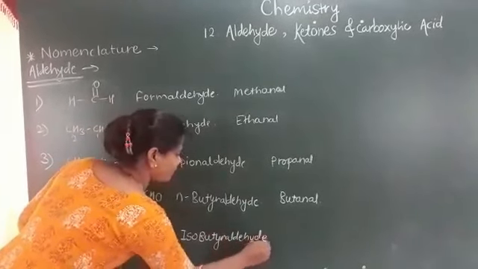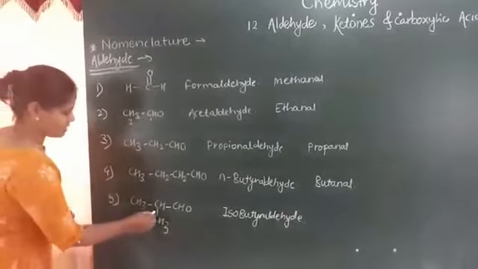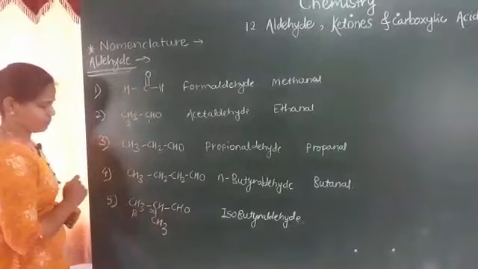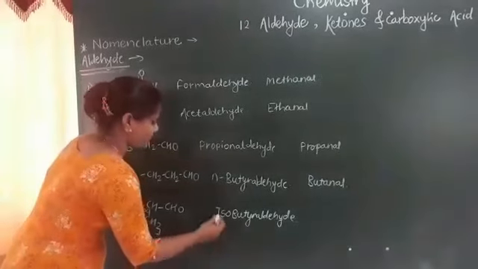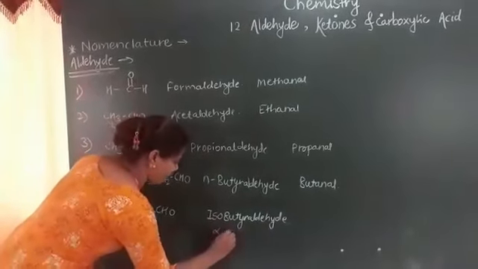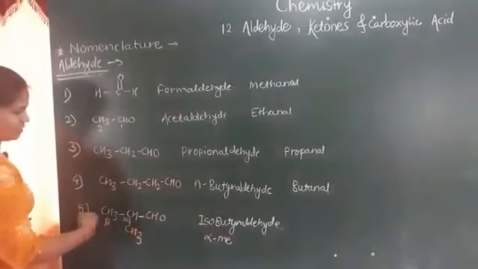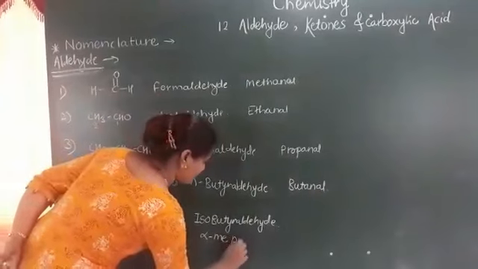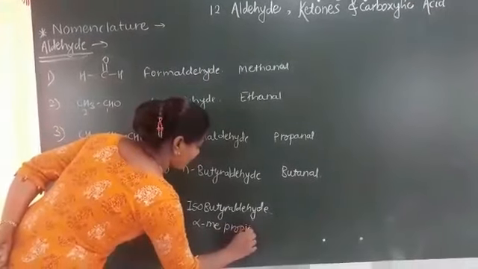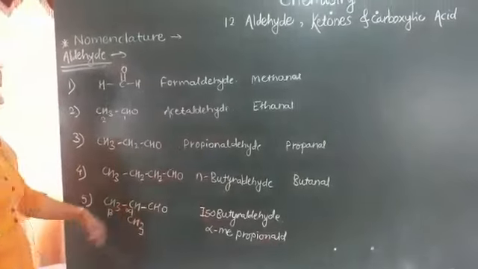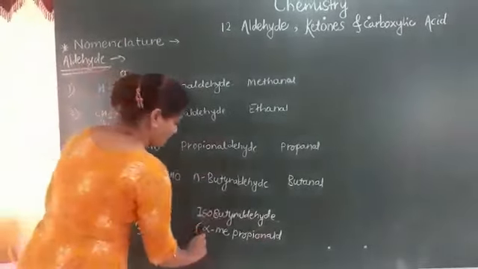Or according to the rule of the Greek letter system, this carbon atom is considered as alpha and this one is beta. One more common name of this is alpha-methyl. How many carbon atoms are there in the straight chain? 3. Propionaldehyde. Okay, this is the second common name.